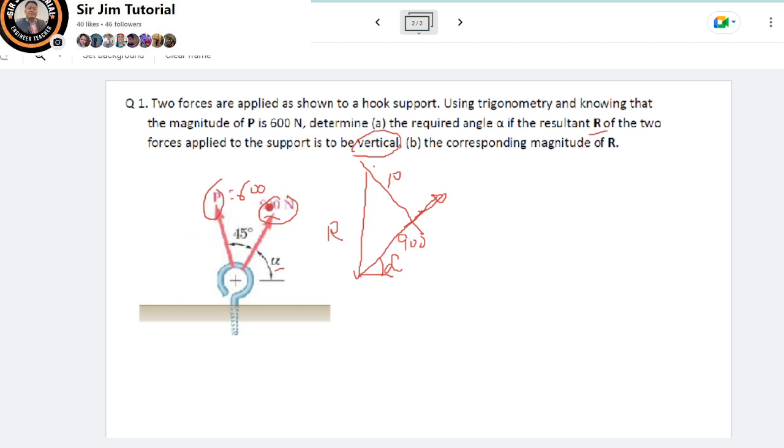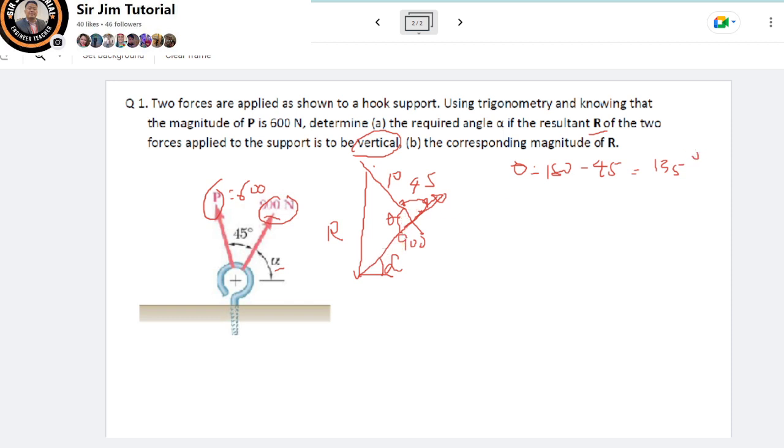So 45 degrees is between P and the 900. If that is 45 degrees, what is this angle? The total is 180. For example, this is theta. Theta should be 180 minus 45 degrees, or you have 135 degrees for this theta.